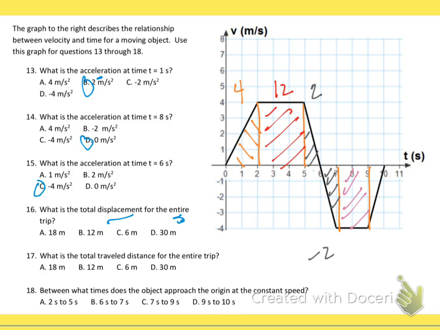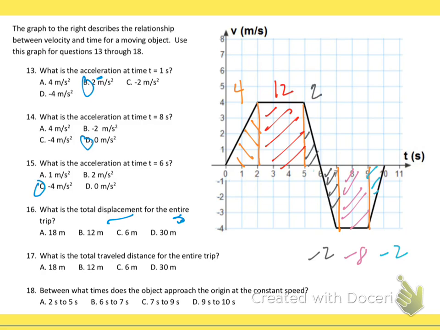And we have 2 times 4, so that would be a negative 8. And the last triangle, we have half of 4, which is 2 times 1, would be a negative 2.